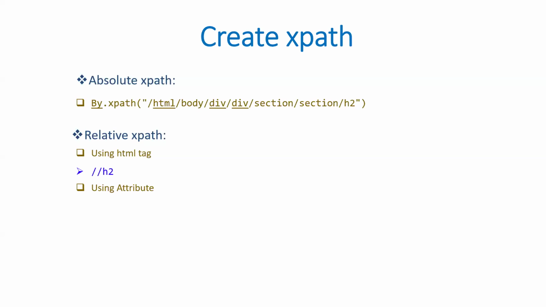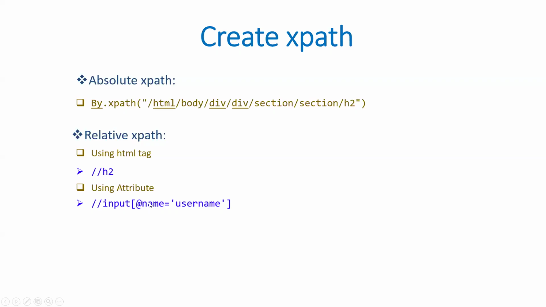So next, how to define XPath using an attribute. Suppose you want to define an HTML tag along with the attribute value, we should define it like this. Double slash input, where input is the HTML tag name. And for this input element, I want to define some attribute value. So the attribute name is name.